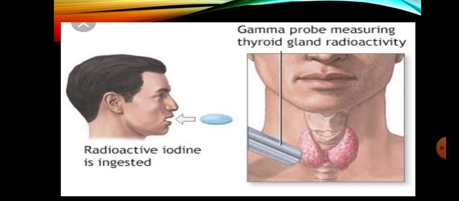Means that when the radioactive iodine is swallowed or absorbed into the bloodstream, it produces gamma radiations, and different probes and instruments are used to find the thyroid gland radioactivity.